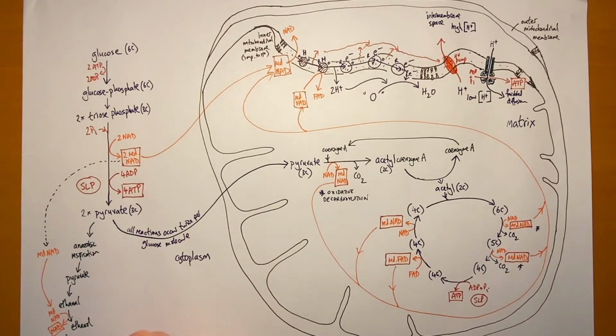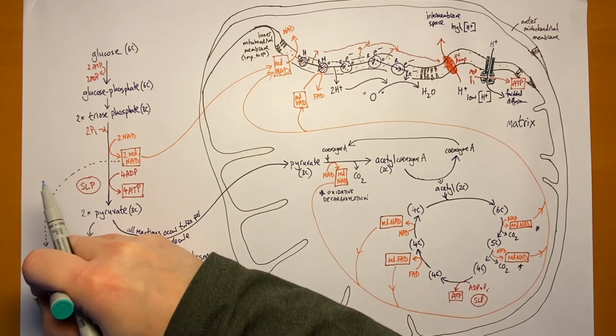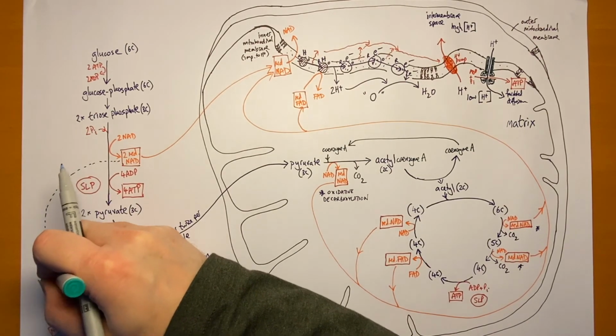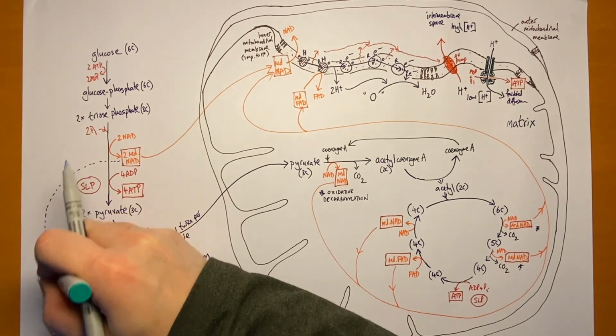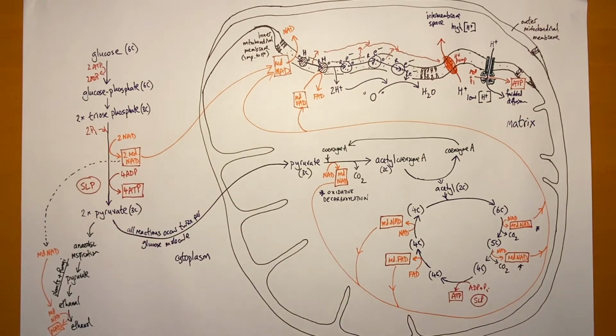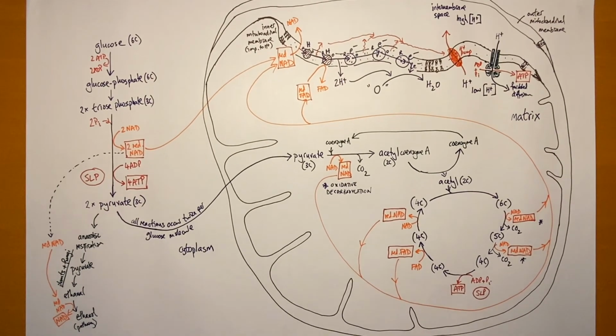This is the process that takes place in plants and fungi. And we call that the ethanol pathway. So that's one type of anaerobic respiration.